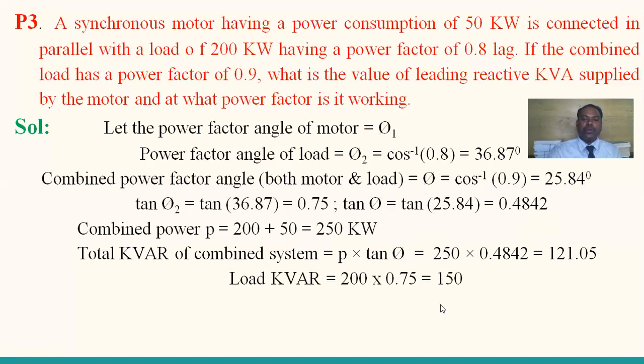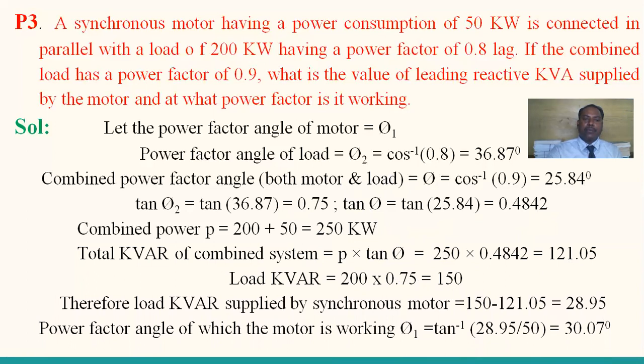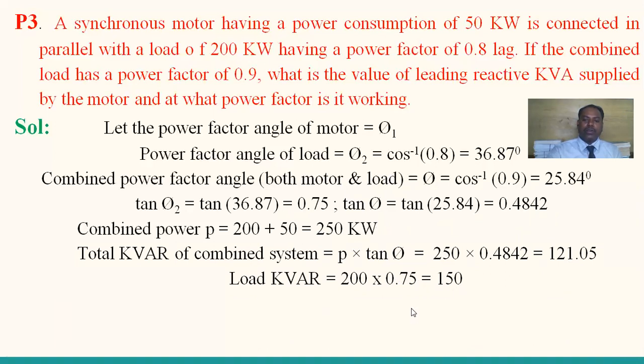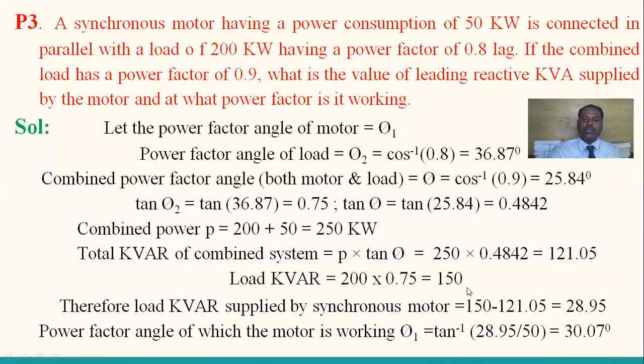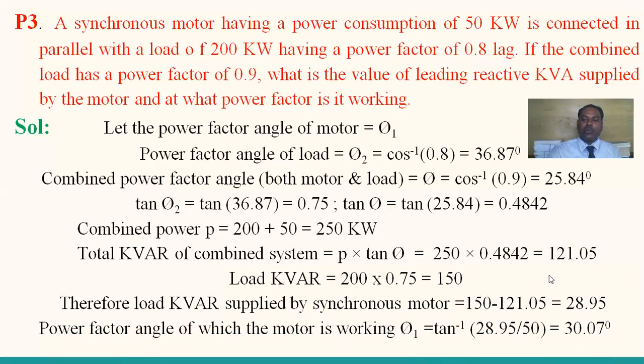Load kVAR is P into tan phi, that is 200 into 0.75, which is equal to 150. Therefore, the kVAR supplied by the synchronous motor is 150 minus 121.05, which is equal to 28.95.